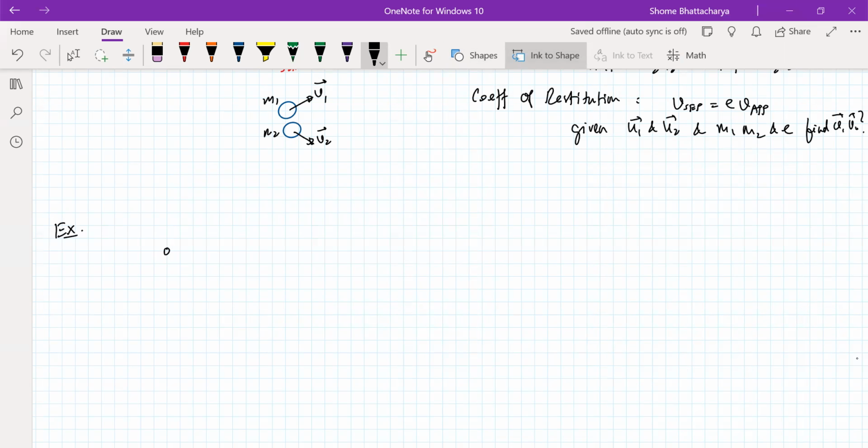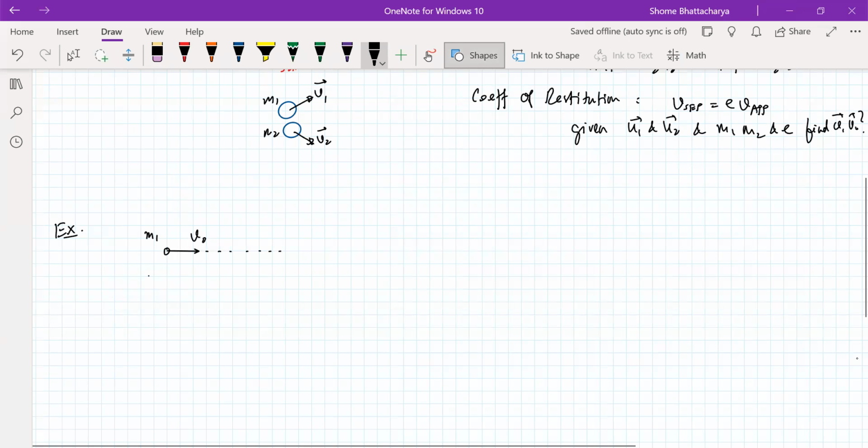So suppose we have this kind of a situation, that this particle of mass m1 is moving with some velocity v naught like this initially. And it hits a stationary but larger particle or larger body here of mass m2.